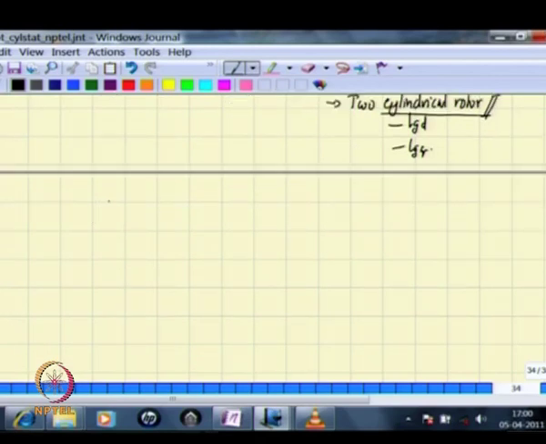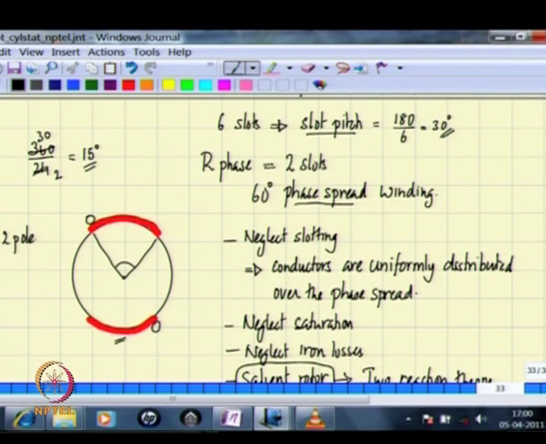And how are we going to do that? We will write down the actual expressions in the next class. We will just try to get an understanding of how that will be done. Since we have a cylindrical rotor structure, let me draw the cylindrical rotor here.